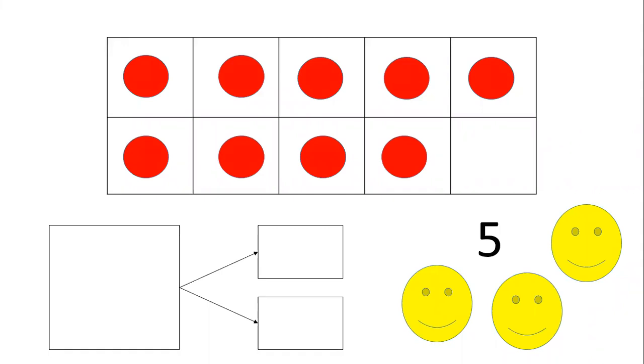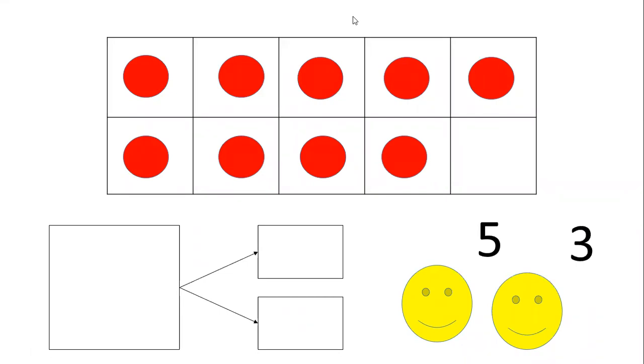Let's think about lions this time. So there were 9 lions in the tree. Ooh, lions don't go in a tree. There were 9 lions in the land. And 3 of them wanted to chase their dinner.